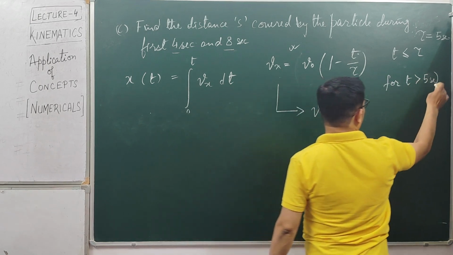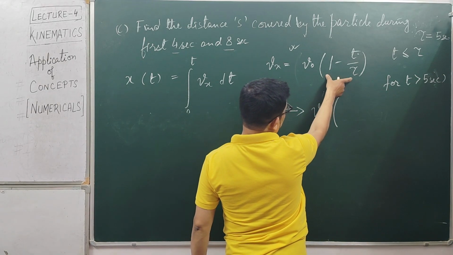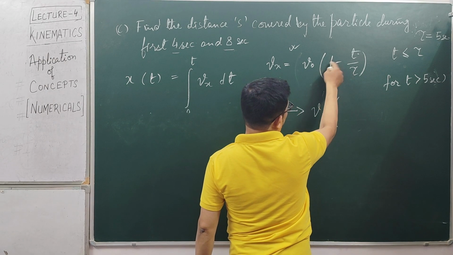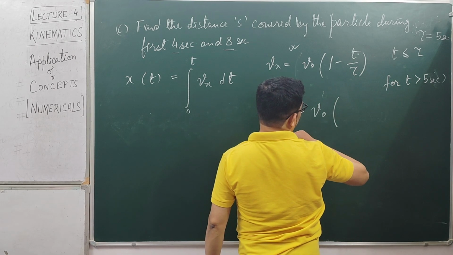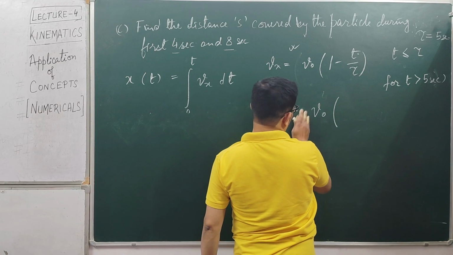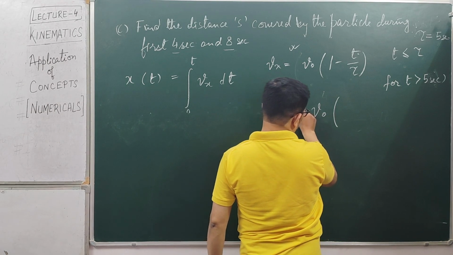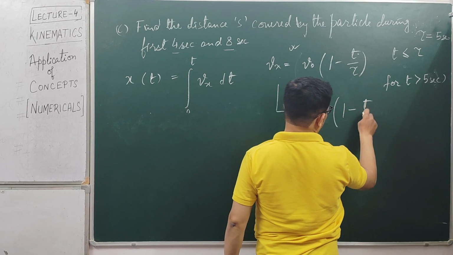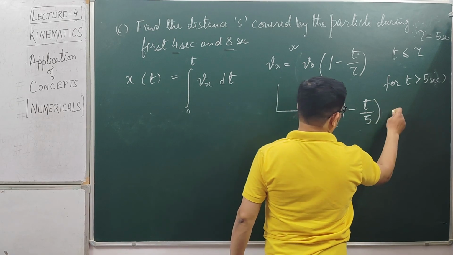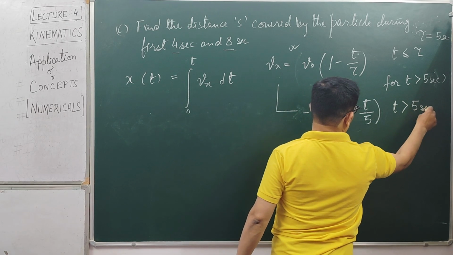If it is more than 5 seconds, then the bracket is going to be negative, because 5 minus the larger number is going to be negative. So if you pull out the negative one, whatever answer comes, it will be negative. So it is t by 5. So this is the function for time more than 5 seconds.